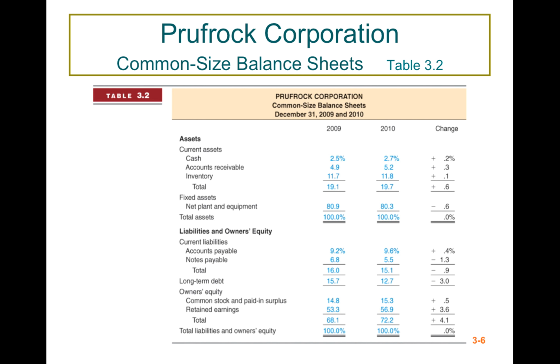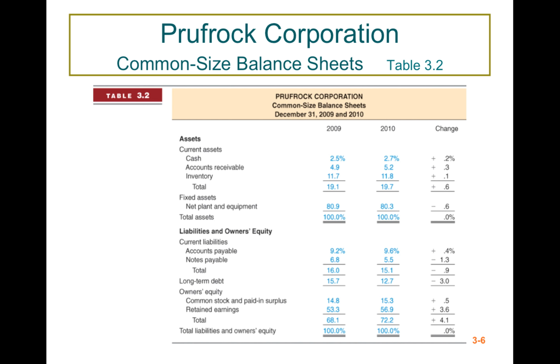And you can actually go about looking at the change in that. If you just look at the change column, you can see that long-term debt significantly declined and retained earnings significantly rose. And a lot of people would think that that might be a good thing.